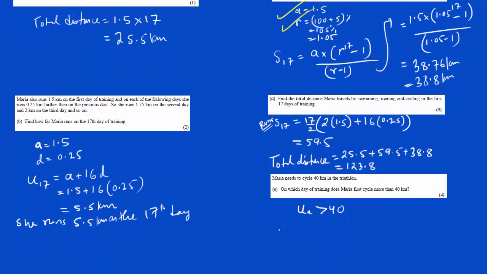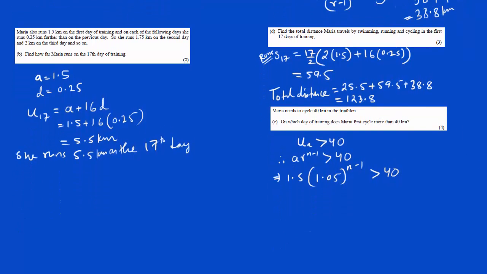So let's use a r to the power n minus 1 greater than 40. So a is 1.5 and r is 1.05. So we have 1.05 to the power n minus 1 greater than 40. So let's solve this using logarithms. But first of all, 1.05 to the power n minus 1 is greater than 40 divided by 1.5, which is 80 by 3.